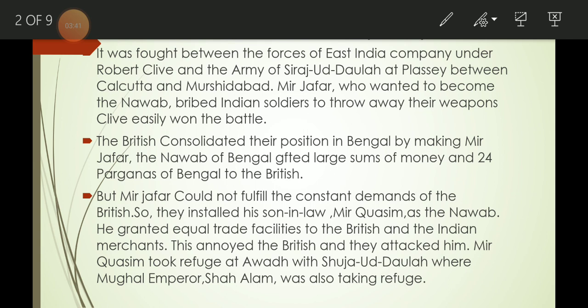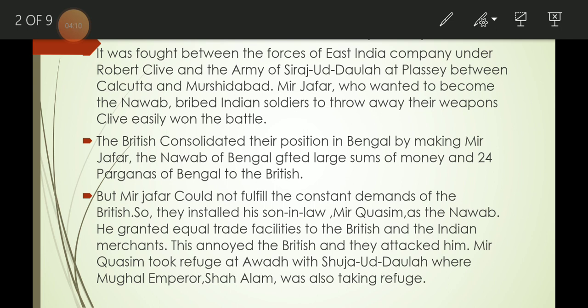Mirzapur, who wanted to become the Nawab and was also a general of Sirajuddaulah, bribed the Nawab's soldiers to throw away their weapons, and very easily Clive won the battle.